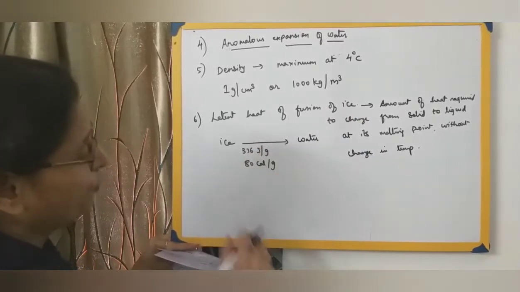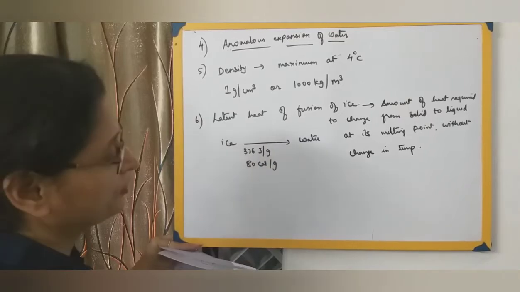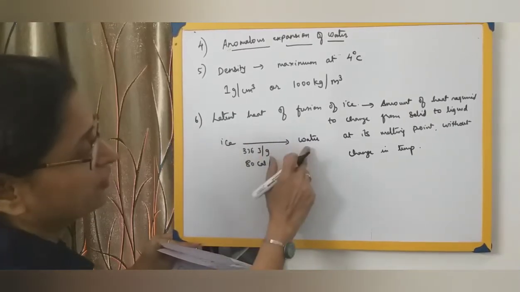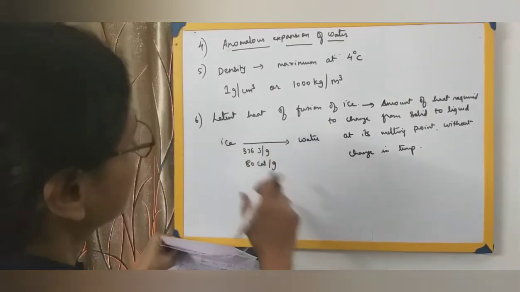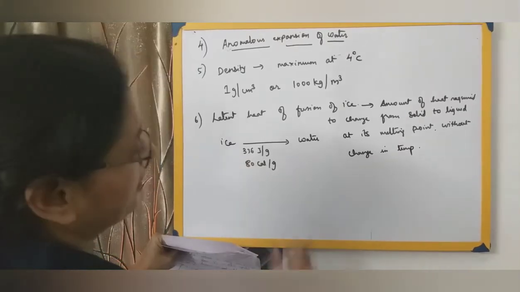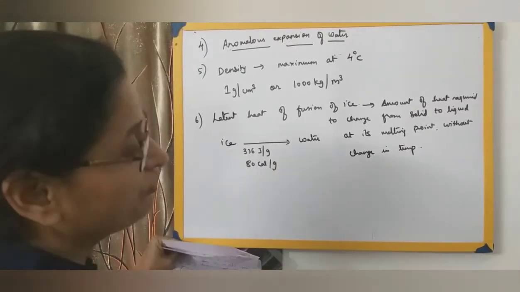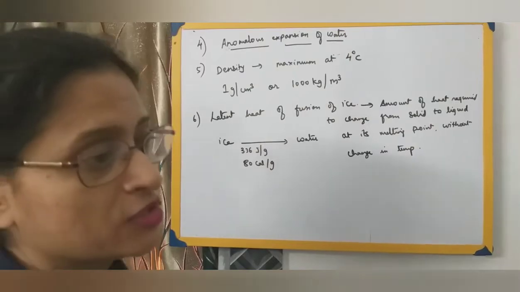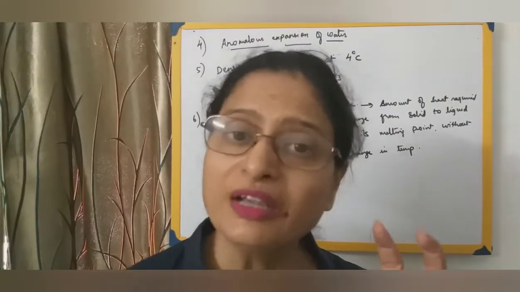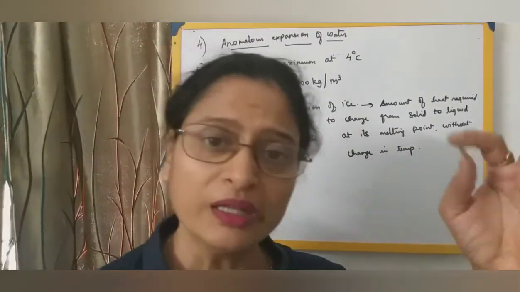Now at this point, when the ice changes into water, there is a change of state taking place. During this change of state you will find there won't be any rise in temperature. Suppose you have ice and you are changing it into water, you put a thermometer there.